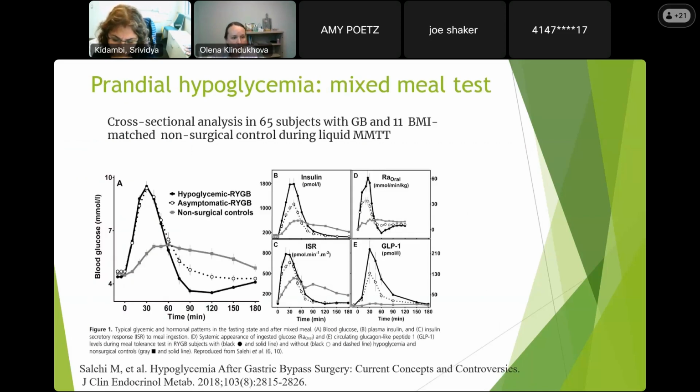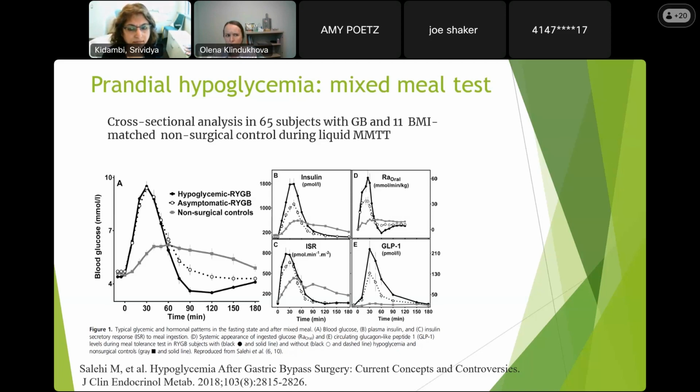Okay, again, this is the same study that demonstrated this, and they utilized a mixed meal test as a better test for diagnosing postprandial hypoglycemia. This study had 65 patients with a gastric bypass, and they compared those patients with BMI matched non-surgical patients.